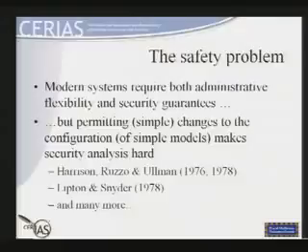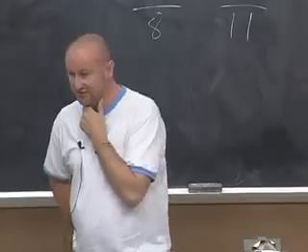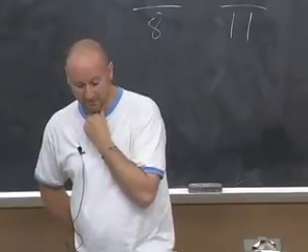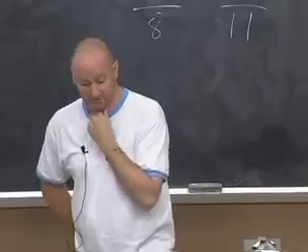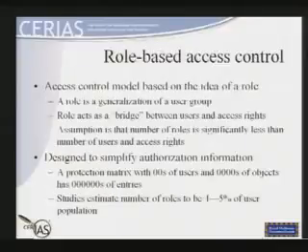And Harrison, Ruzzo and Ullman and other people studied the protection matrix quite extensively in the late 70s. Since then, there have been a variety of different models proposed and analyses of the safety problem in those models. And typically, it's difficult, often undecidable. Very often, if it's not undecidable, it's intractable. So that's really an aside. But the point is that if you have administration, unless you constrain it in certain ways, it becomes difficult to anticipate how your system will evolve.